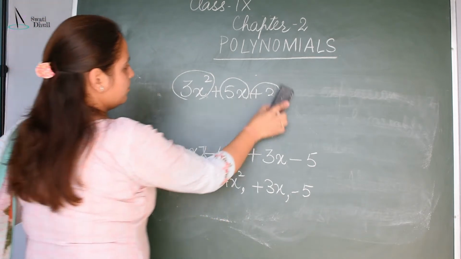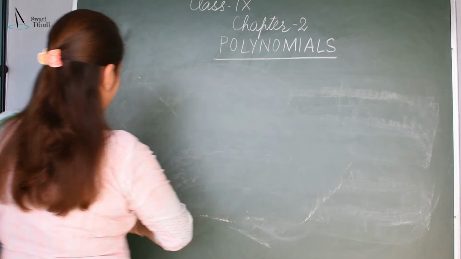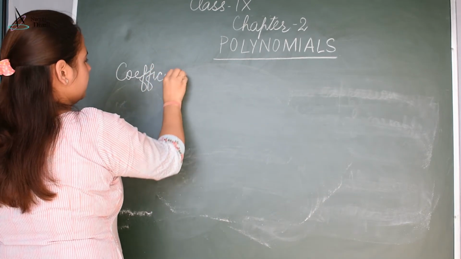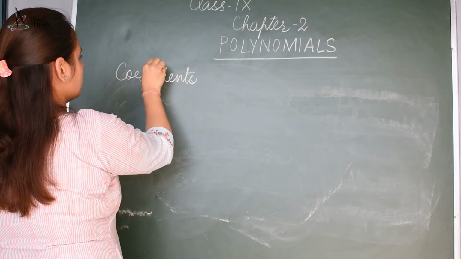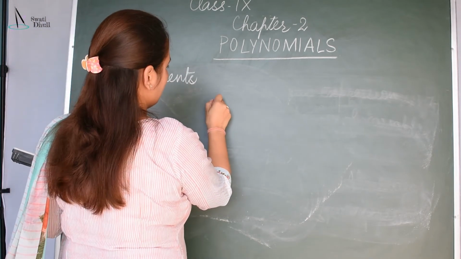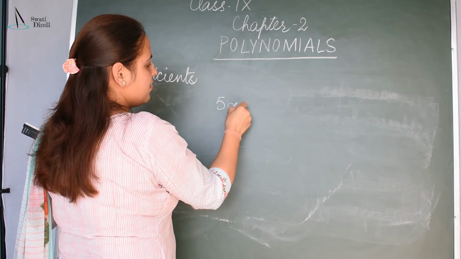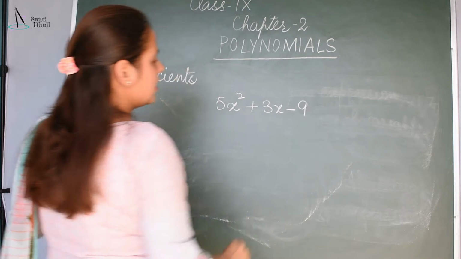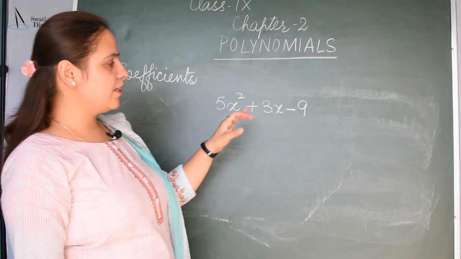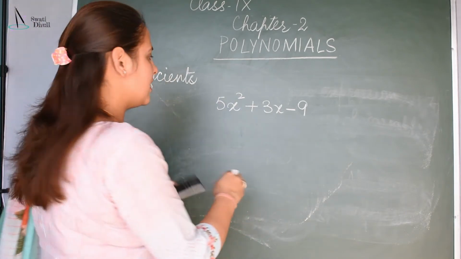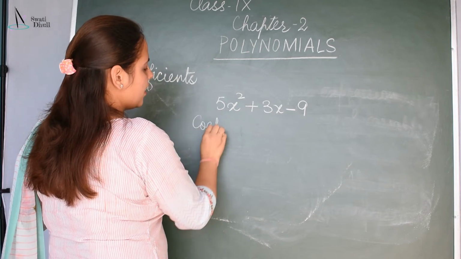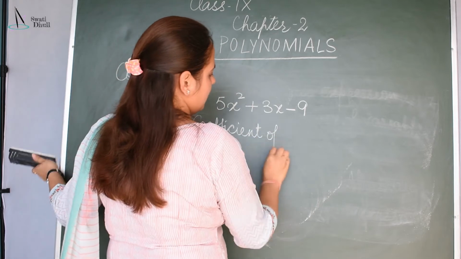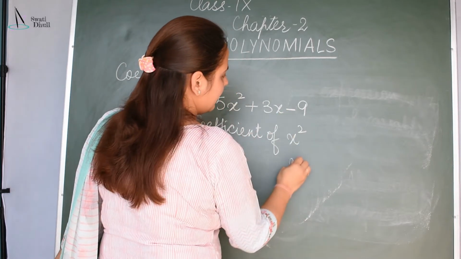Next is your coefficients. If I say 5x square plus 3x minus 9, this is again a polynomial and you have to tell here the coefficient of x square and x.